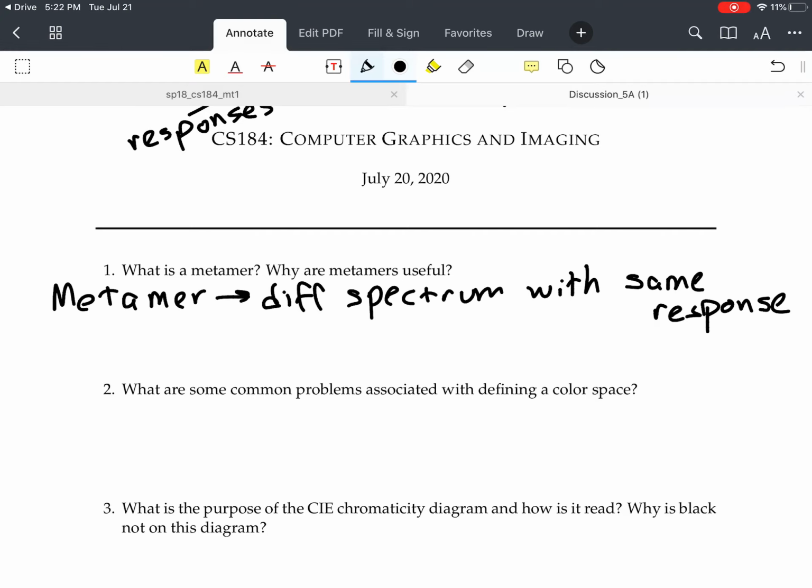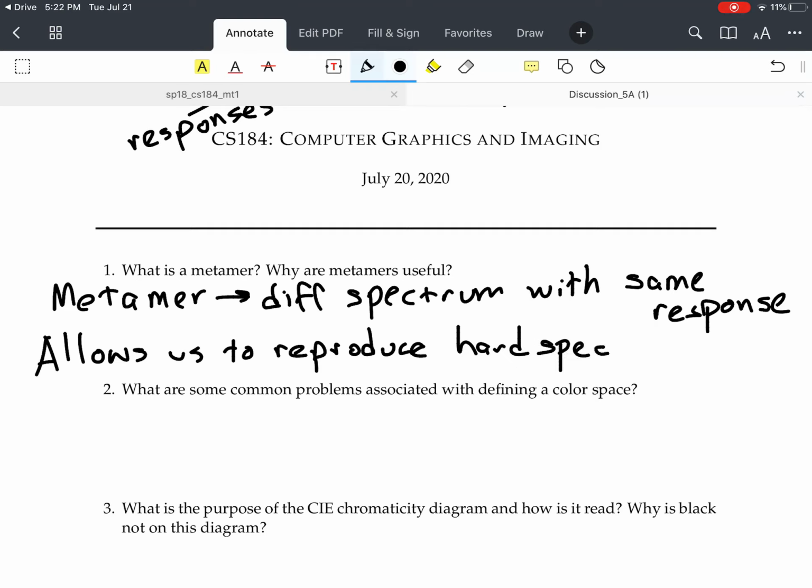We can reproduce them with other spectra that we can actually show. This allows us to reproduce hard spectra on screens.